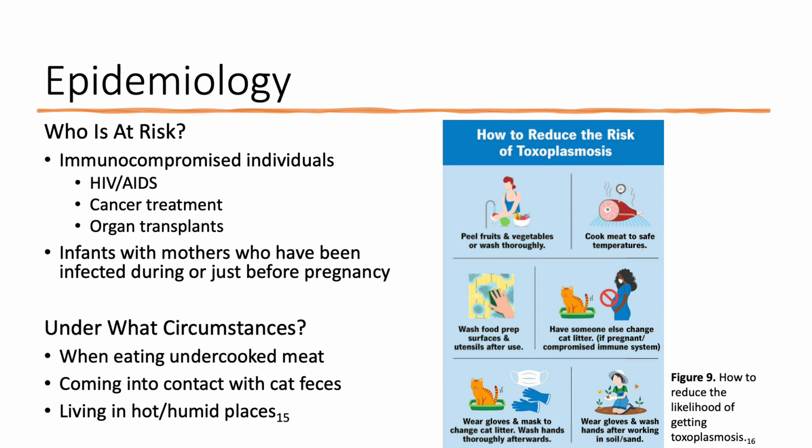So what specific population is generally at risk for toxoplasmosis? As mentioned before in the previous slide, immunocompromised individuals would be most susceptible to getting this infection. And so basically anyone who has HIV, AIDS, is receiving any sort of cancer treatment like chemotherapy, or anyone who received an organ transplant, they would be very high risk for this infection.